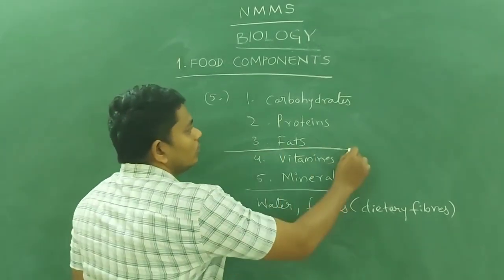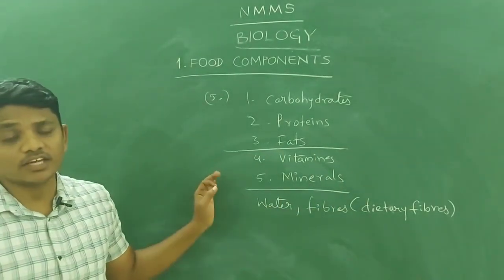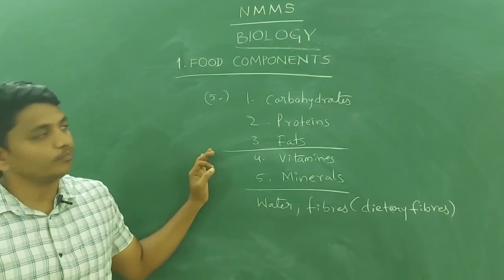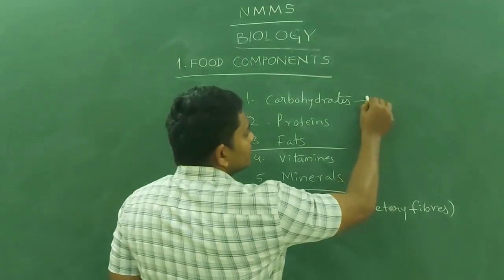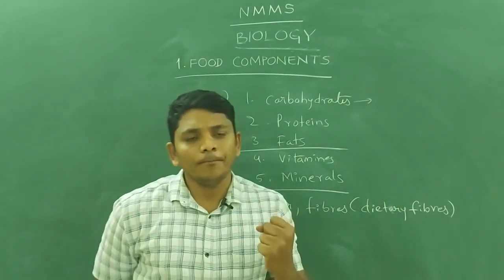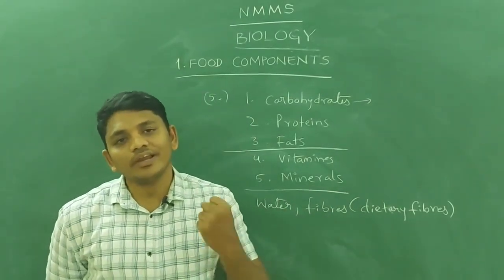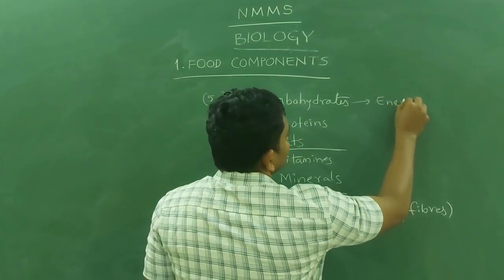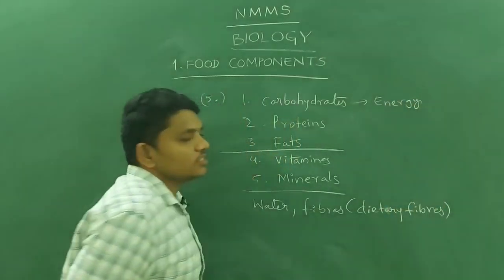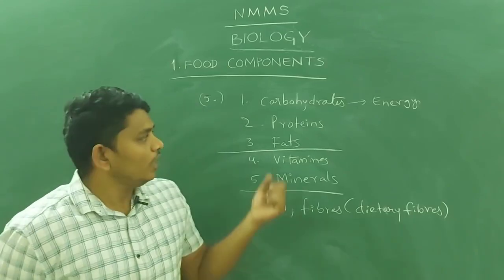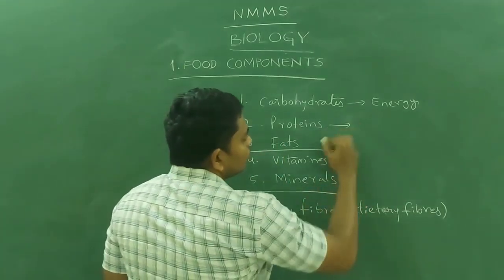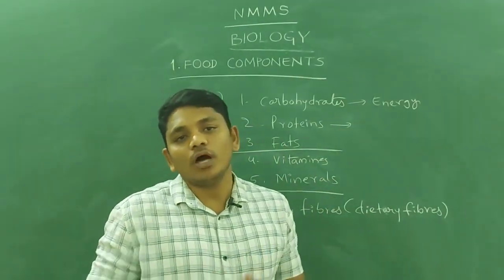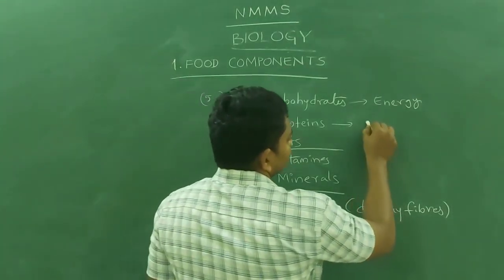Among these 5, carbohydrates, proteins and fats are very essential for our body build-up. Carbohydrates are materials for giving energy. Proteins are useful for the build of our body.